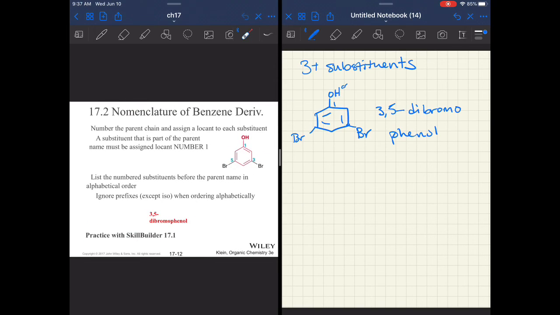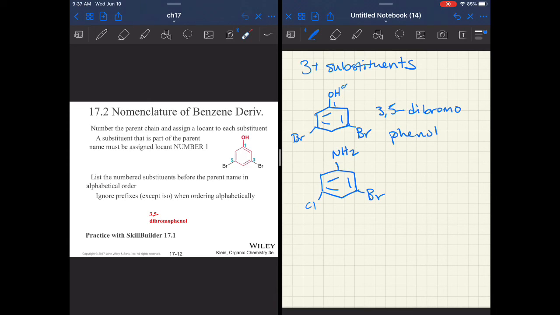Now, before we move on, I want to review a little bit of basics here. Let's pick one we haven't used yet. Let's say that we had this scenario. Whether you go to the right or to the left, you're going to get 3, 5.